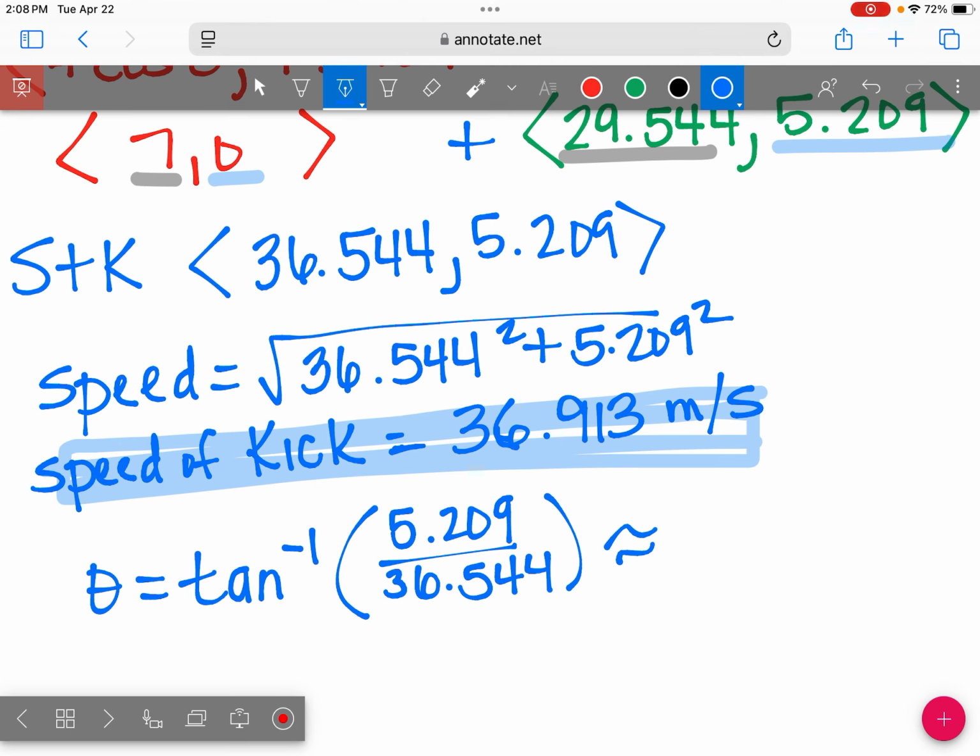Anytime you're looking for an angle, we have to use inverse. Make sure you hit the green key first, then hit tangent. And I got an angle of 8.112 degrees. Did anyone else get that answer? And that's your two answers.